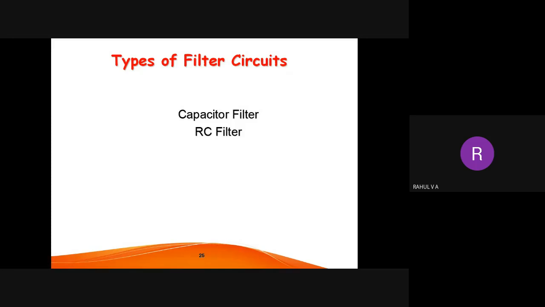And this rectifier will convert AC into pulsating DC. Notice this, it is not a pure DC, it is a pulsating DC. Then we have seen that we are using filters to convert this pulsating DC into pure DC, but it may contain some ripple.